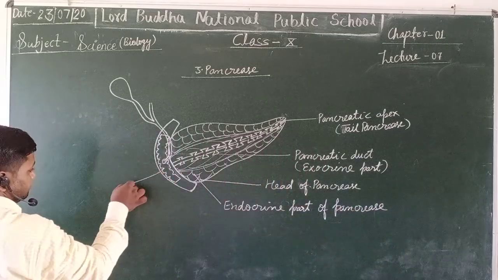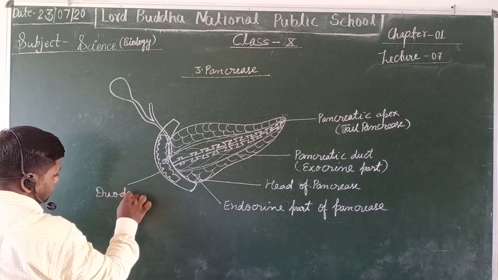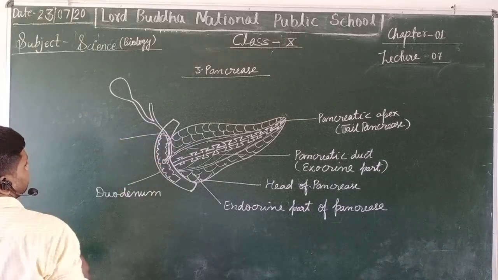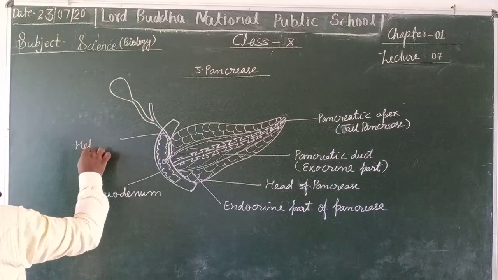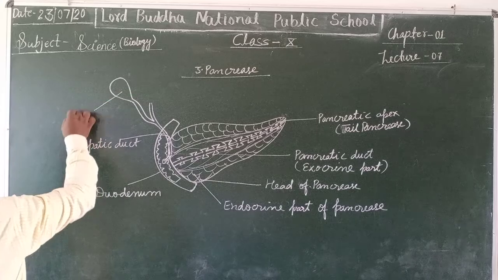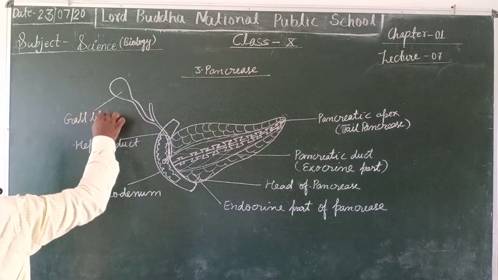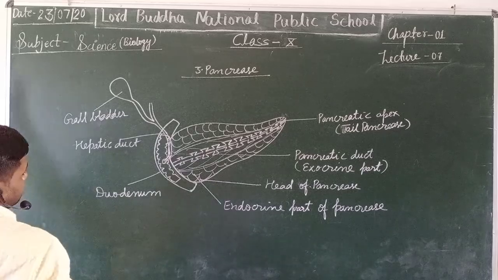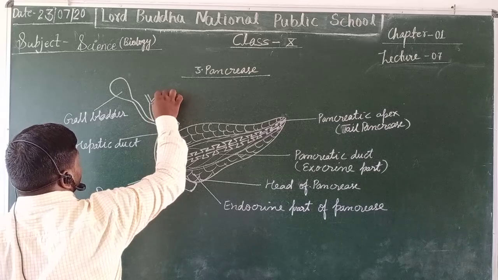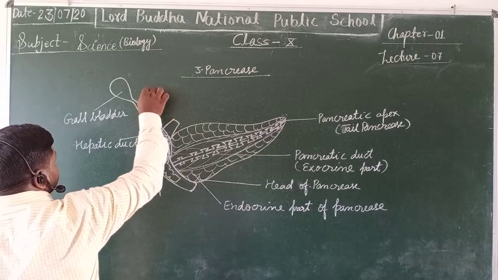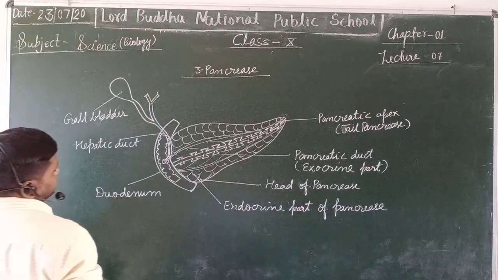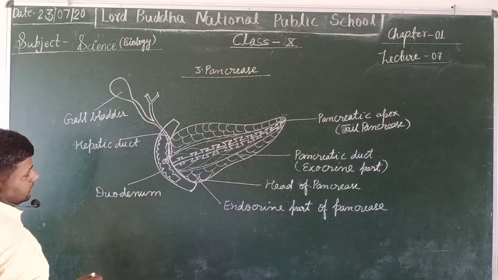This is the duodenum, the first part of the small intestine. Hepatic duct, gallbladder. This duct helps in association with the liver, through which the bile juice is commonly secreted, and the gallbladder helps in storage of the bile juice.